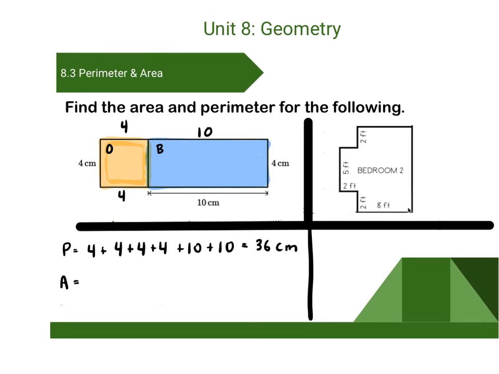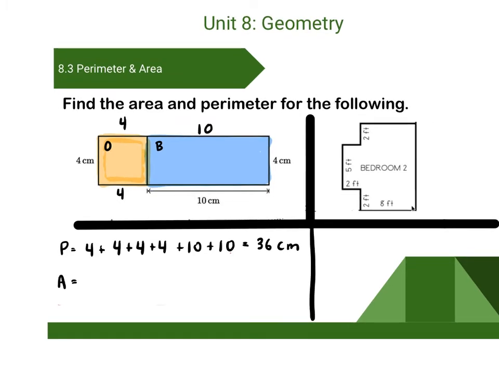So remember, we found our perimeter for the first one. For my second one here, for my area, for the orange shape here, I had to do 4 times 4, because if you think about this one in here, it's like I have 4 rows times 4.